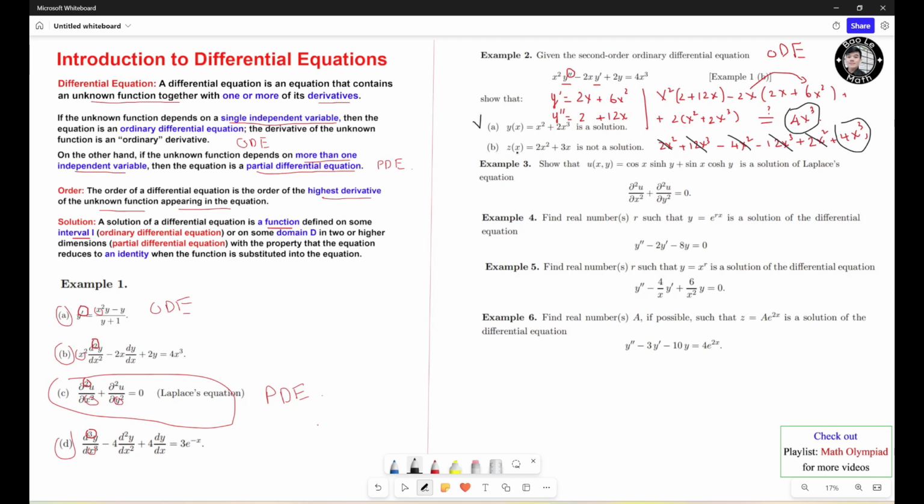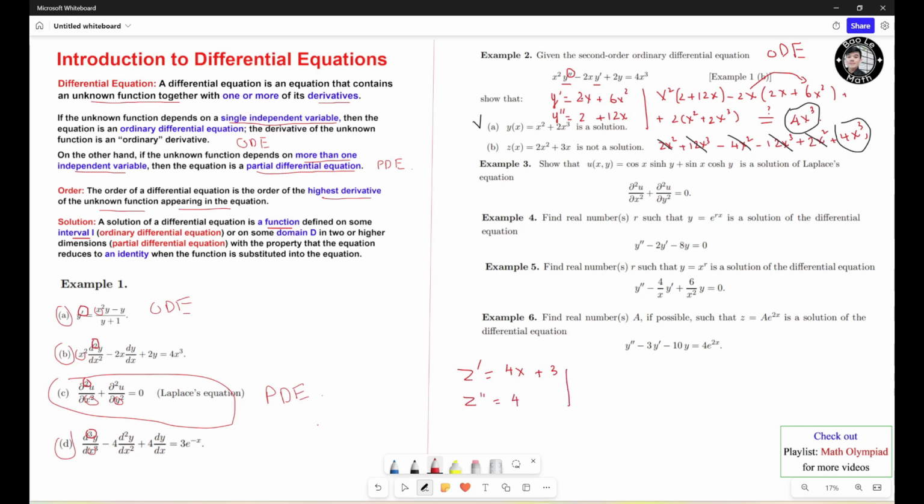Now we need to check B. g of s equals s squared plus 3s, and we need to prove this is not a solution. We do the same process. g prime equals 4s plus 3. g double prime is going to be 4.